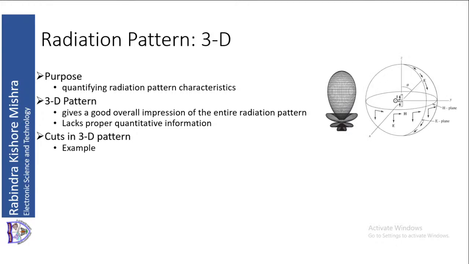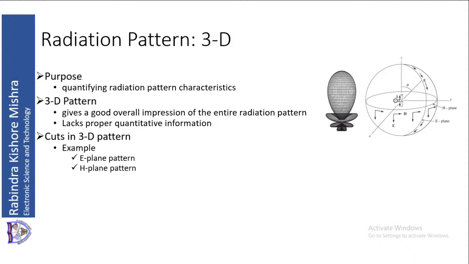For example, two cuts we know. The two principal patterns, the E plane pattern and the H plane pattern, are the two cuts in a 3D pattern. One contains the E field, the other the H field.